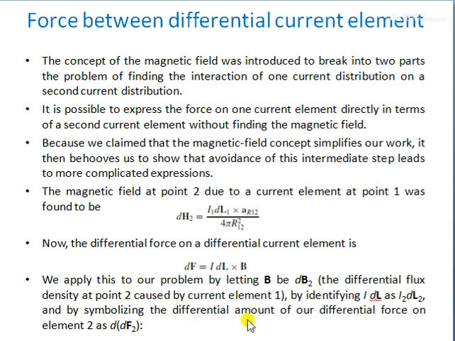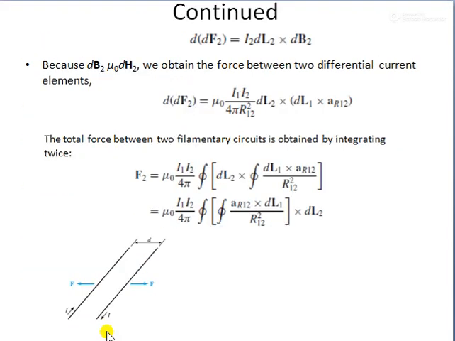By identifying I dL as I2 dL2 and by symbolizing the differential amount of our differential force on element 2 as d of dF2, we have d of dF2 equal to I2 dL2 cross dB2.